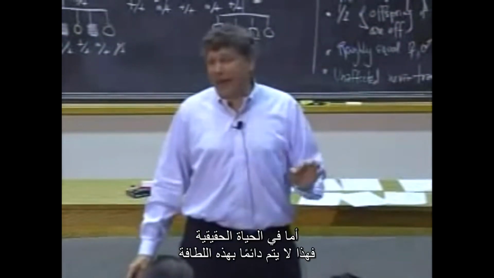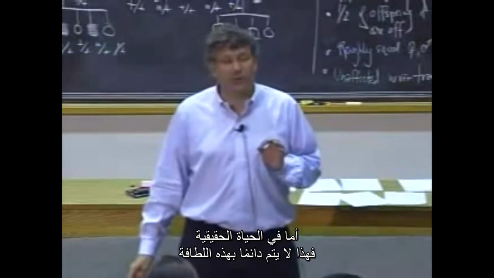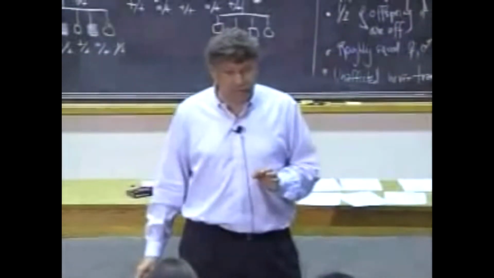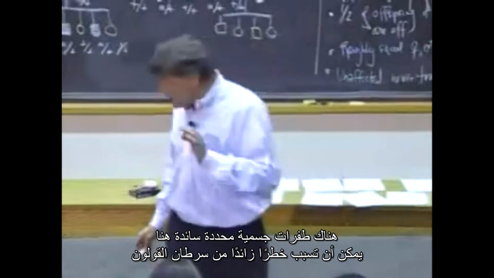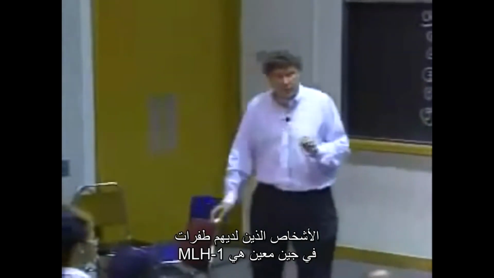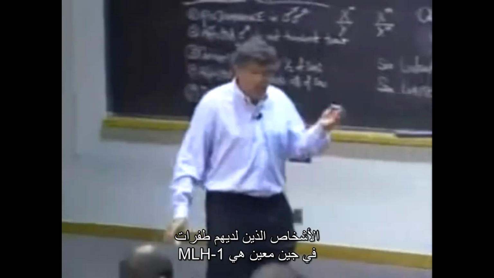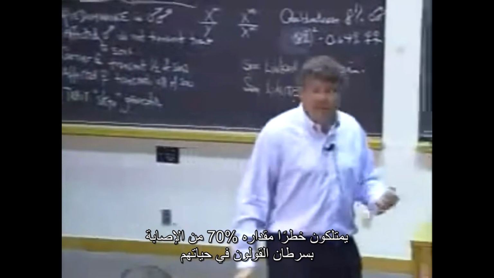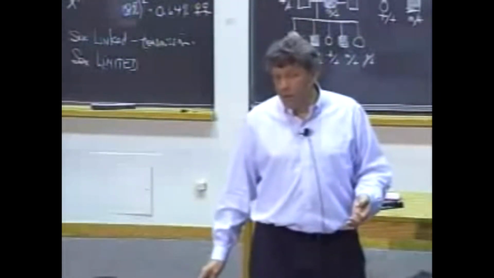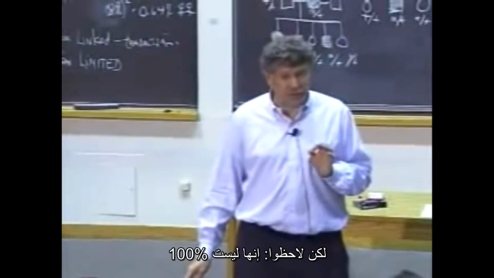Now, in real life, it doesn't always work so beautifully. We'll take an example, colon cancer. There are particular autosomal dominant mutations here that cause a high risk of colon cancer. People who have mutations in a certain gene, MLH1, have about a 70% risk of getting colon cancer in their life. But notice it's not 100%.